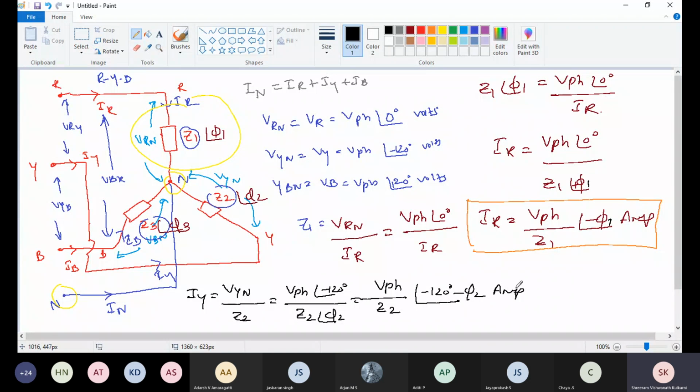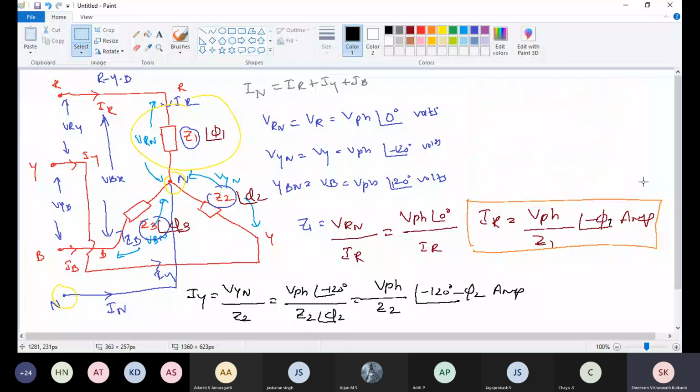Now please tell me for IB. Sir, IB equals VBN divided by Z3, where VBN has an angle of plus 120 degrees and Z3 is Z3 at angle phi 3.